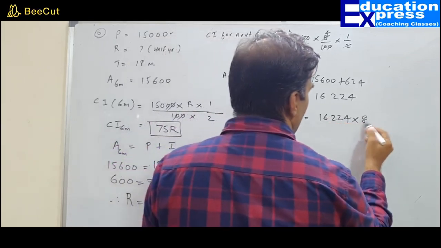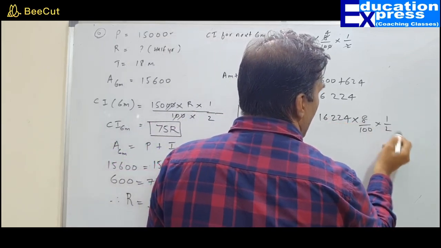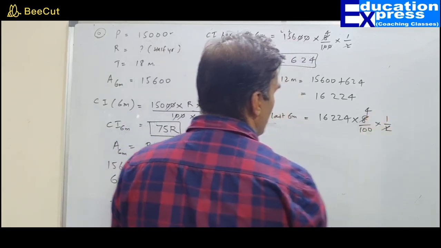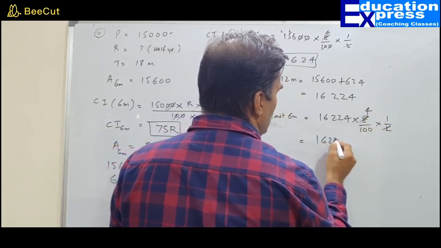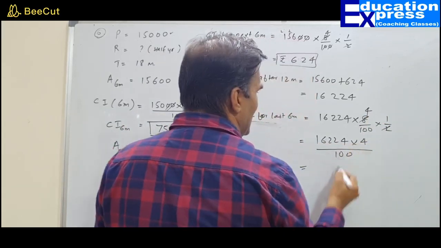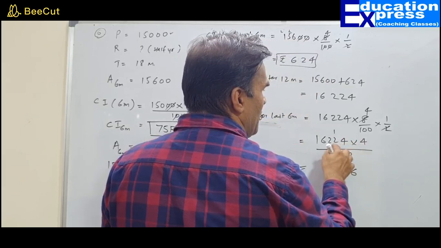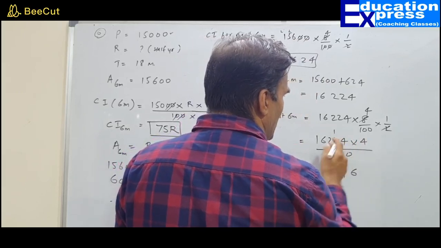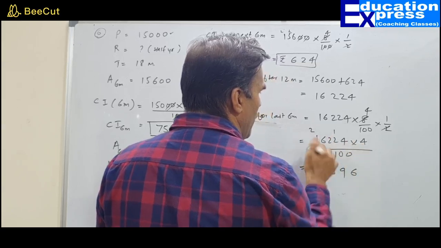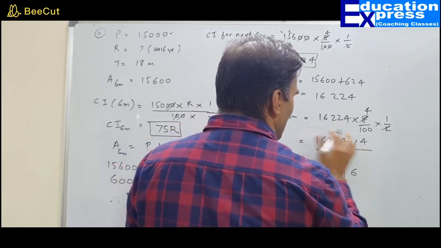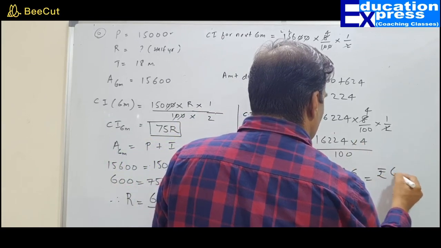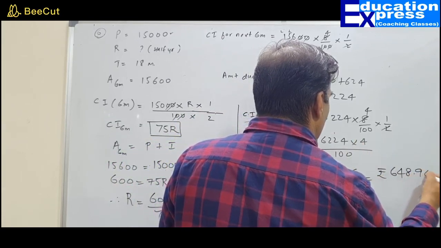So 8% into half, because every time we are taking 6 months. 16224 multiply by 4 upon 100. So basically this upon 100, which will give me rupees 648.96.